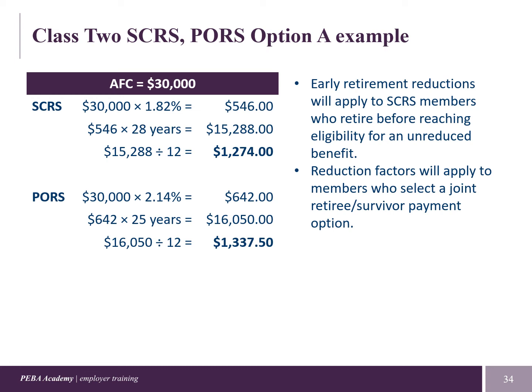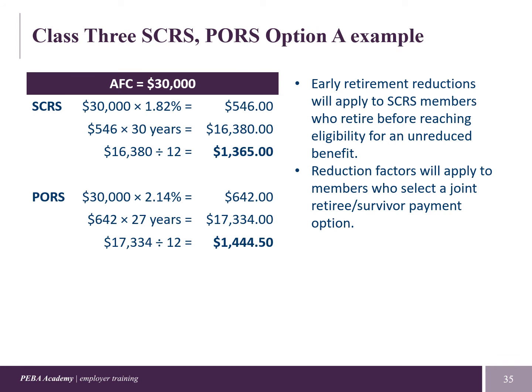Finally, divide $16,050 by 12 for a gross monthly benefit of $1,337.50. Again, it is important to note that this amount will be decreased by any applicable early retirement and joint retiree survivor payment option reductions.